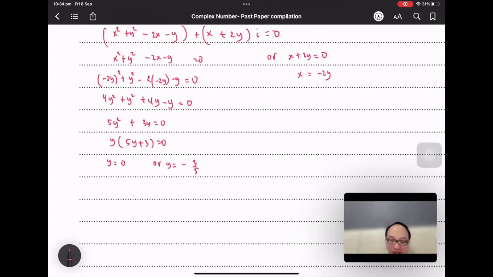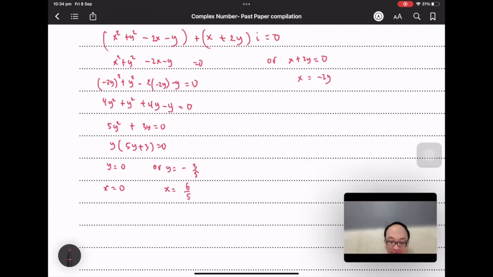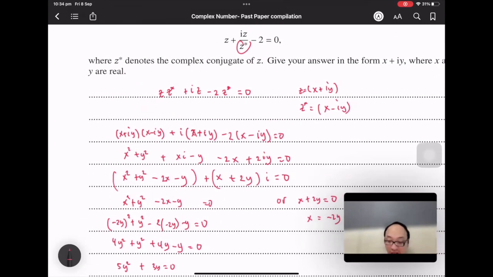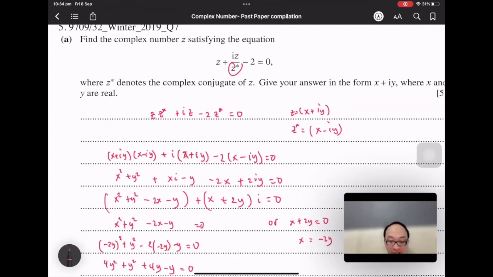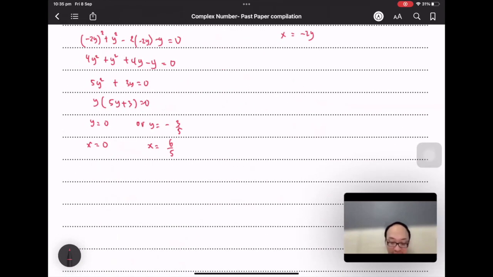And then x is 0, and x is negative 2y, so 6 over 5. So in here, I can find that the only solution is z equals 6 over 5 minus 3 over 5 i.